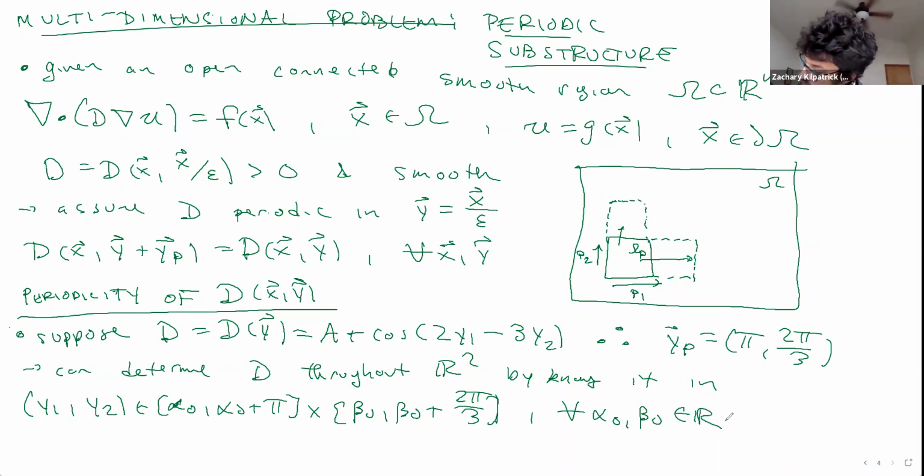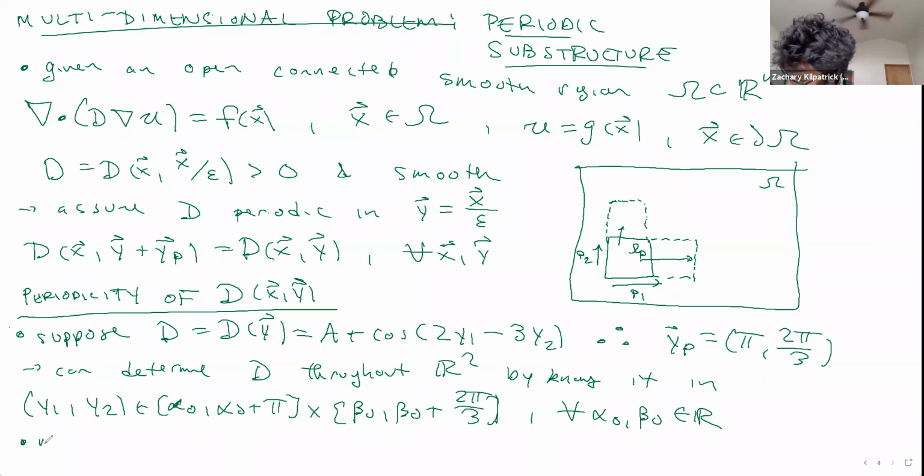Okay, so the idea that we're trying to get here is that if we have some periodic inhomogeneity, that allows us to really just focus on homogenization at the level of one of these cells.